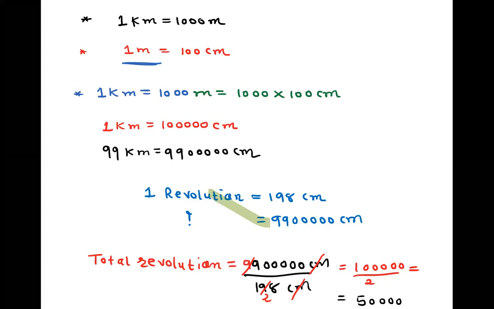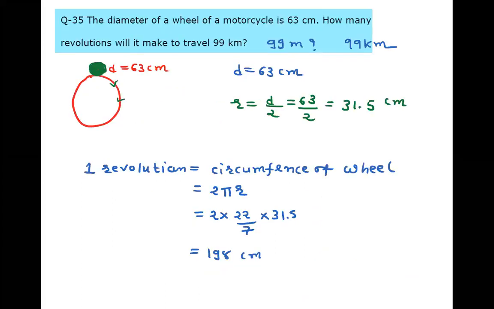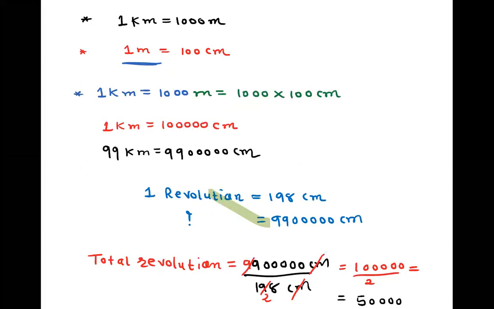So the student, this is the question. First of all, we can find using the diameter, we can get radius. We know one revolution means the circumference. The circumference of the motorcycle is 198 centimeter in one revolution.